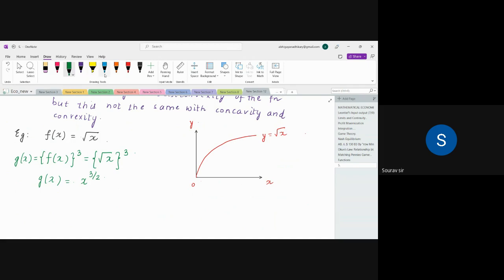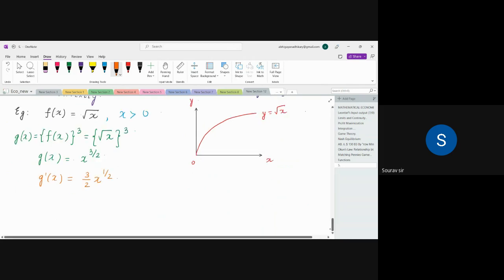If you check the curvature of this, and let's say I'm only considering the positive part, not the negative part. What is g dash x? It is 3 by 2 x to the power half. And what is g double dash x? It is 3 by 2 into half into x to the power minus half, right?